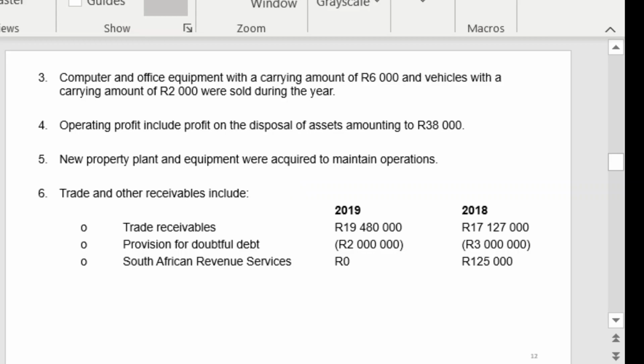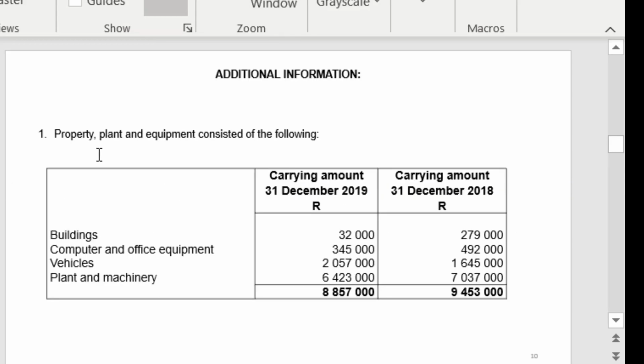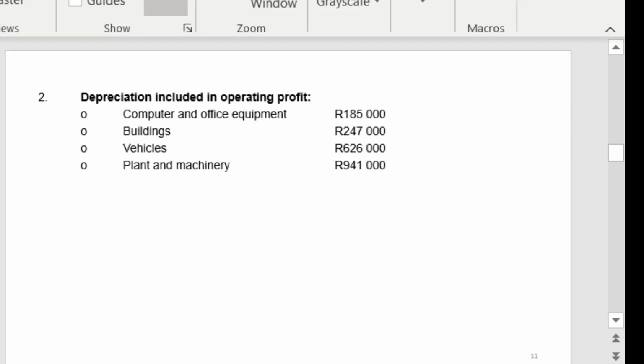And if we go to additional information number 1, we're given property, plant, and equipment carrying amount as at 31st December 2018, as well as carrying amount as at 31st December 2019: buildings, computer equipment, vehicles, as well as plant and machinery. Again, we're given depreciation for all those assets.